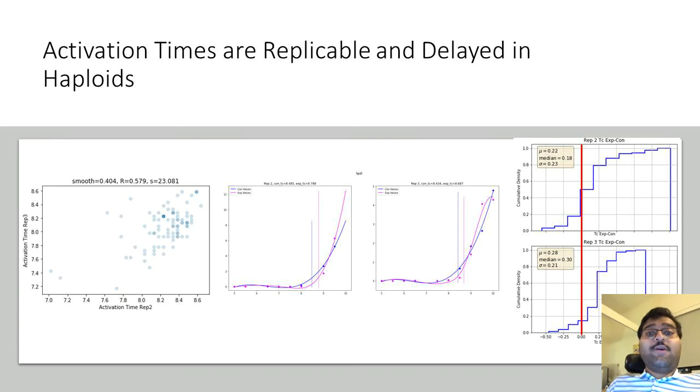More importantly, for our underlying experimental question, if we compare the activation time in the experimental condition, or the haploids, to the control condition, or the triploids, we see that on average, the experimental condition activates later.